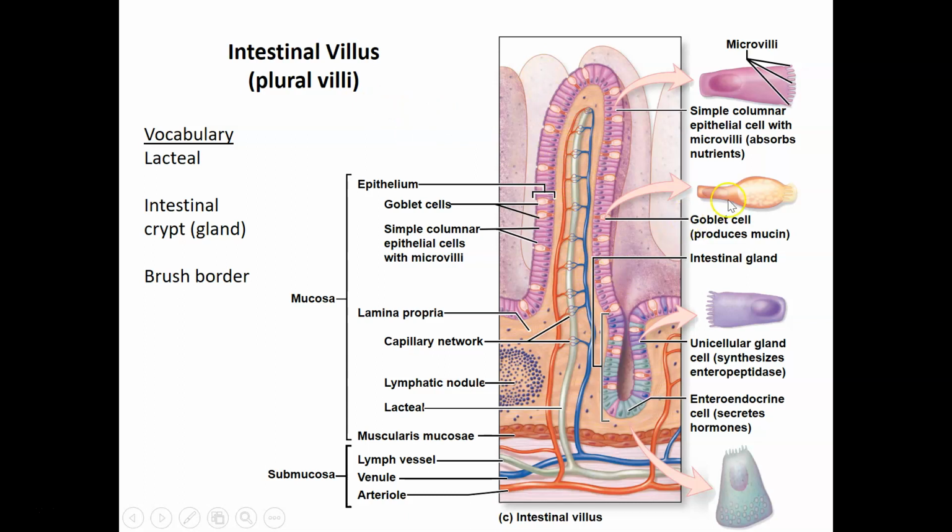Also in the epithelium surrounding the villus are goblet cells, so they're producing a lot of mucus, and mucus is produced pretty much along the entire digestive tract.